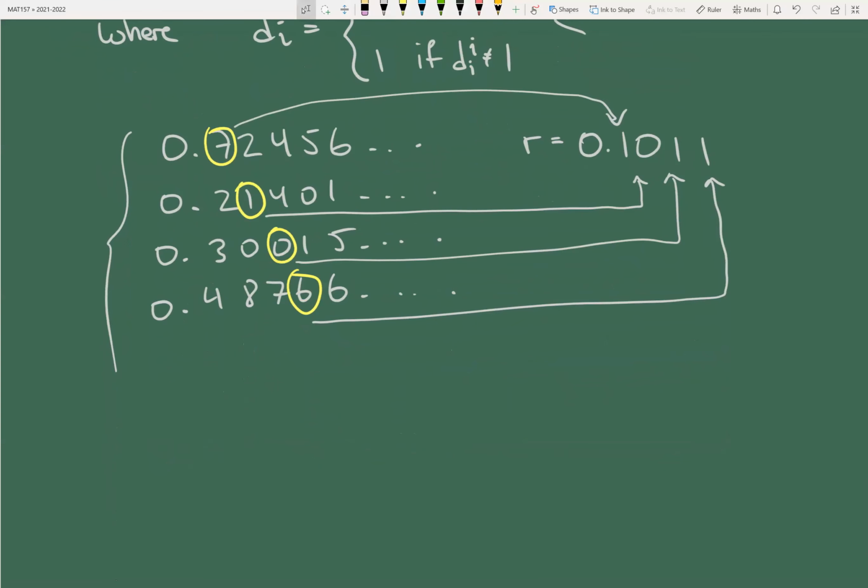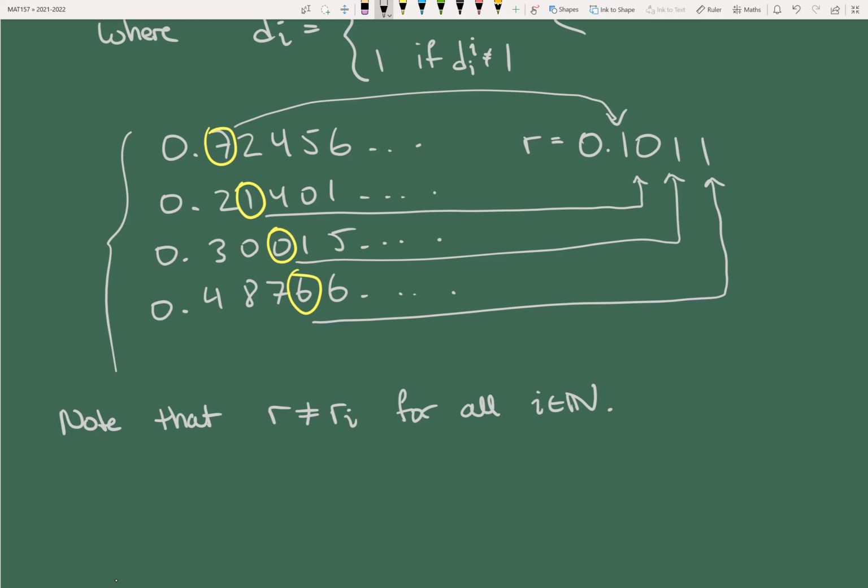Right, so every number is either a 0 or a 1, but the important point is to note that R is not equal to R sub i for all i, right? Because by definition, you've made sure that R and R sub i have different decimals, right?